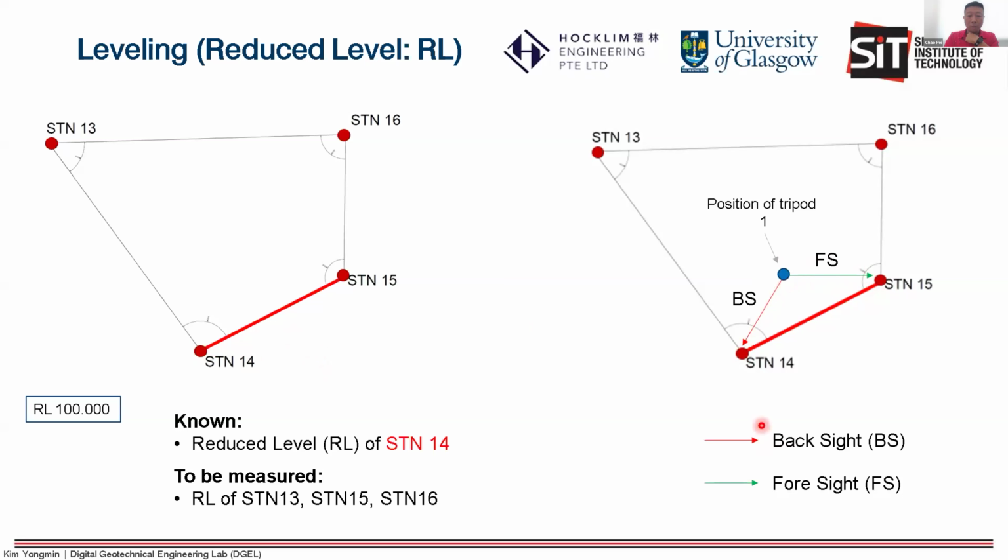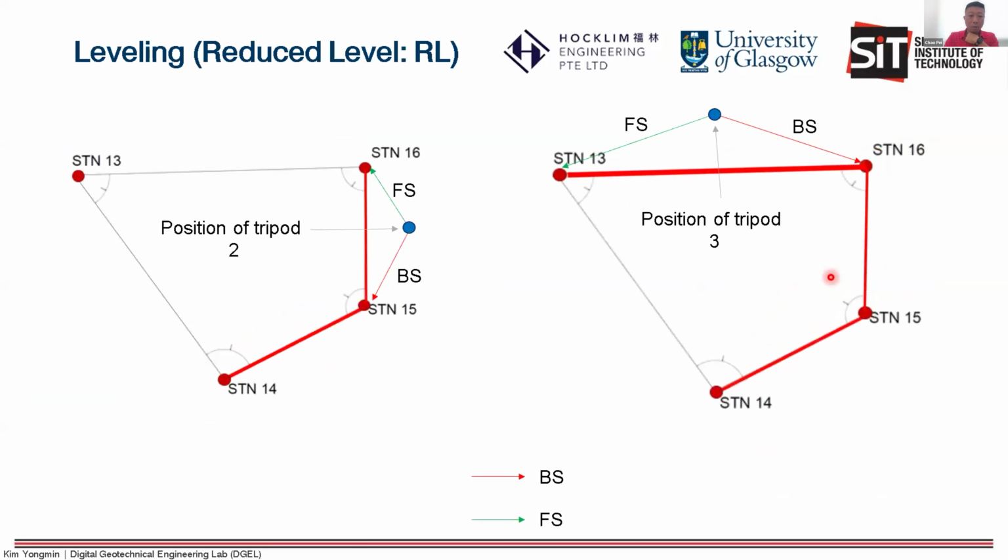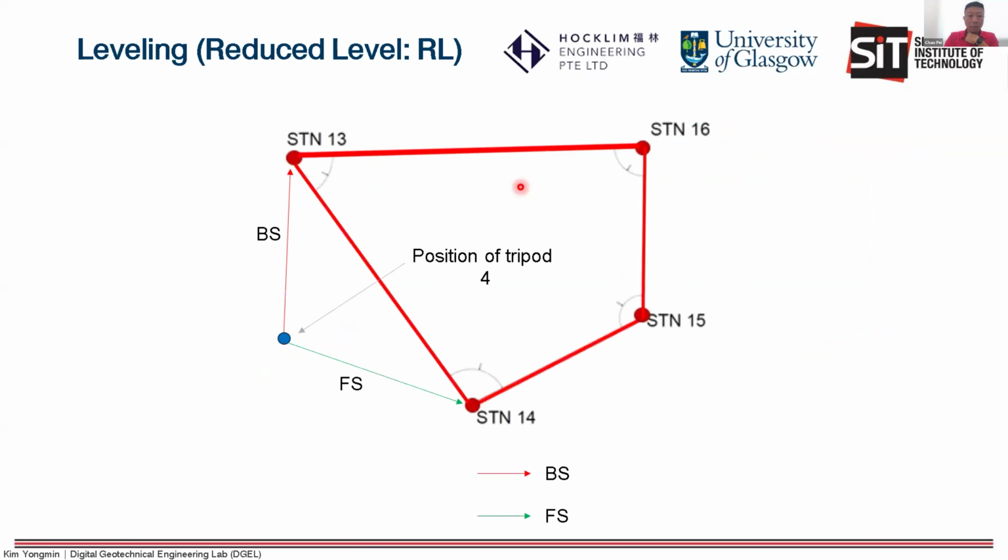So you take down backsight and foresight. Then later on, you change your tripod to another position. Then station 15 becomes your change point. Then you read your backsight, your foresight, and record down. Then again, you change your tripod position to position 3. Then read back station 15, then foresight station 13.